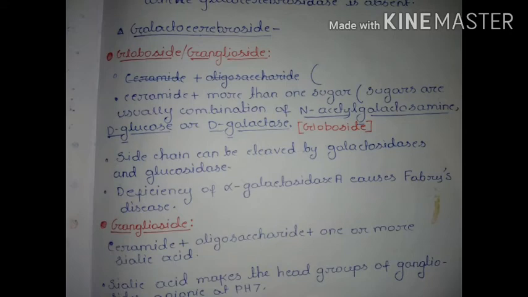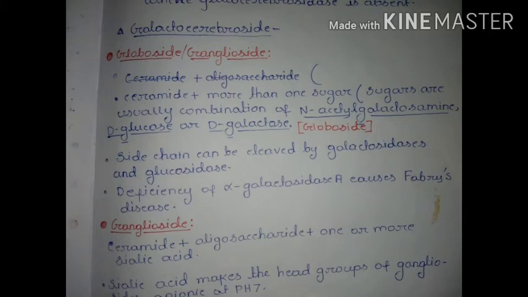So gangliosides act as a receptor for LH, FSH, and other pituitary glycoprotein hormones, and certain bacterial proteins such as some toxins like cholera toxin also act as a ligand for this ganglioside receptor. So gangliosides act as receptors for several types of pituitary glycoprotein hormones, as well as some bacterial toxins.